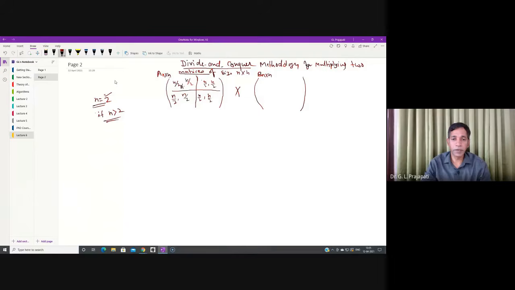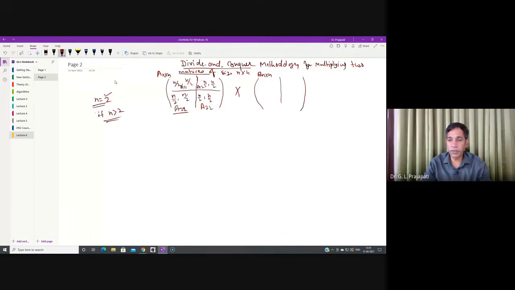This is A11, this is A12, this is A21, and this is A22, where A21 is a matrix of size n by 2 by n by 2. A11 is also a matrix of size n by 2 by n by 2. A12 is, instead of an element, a matrix of size n by 2.